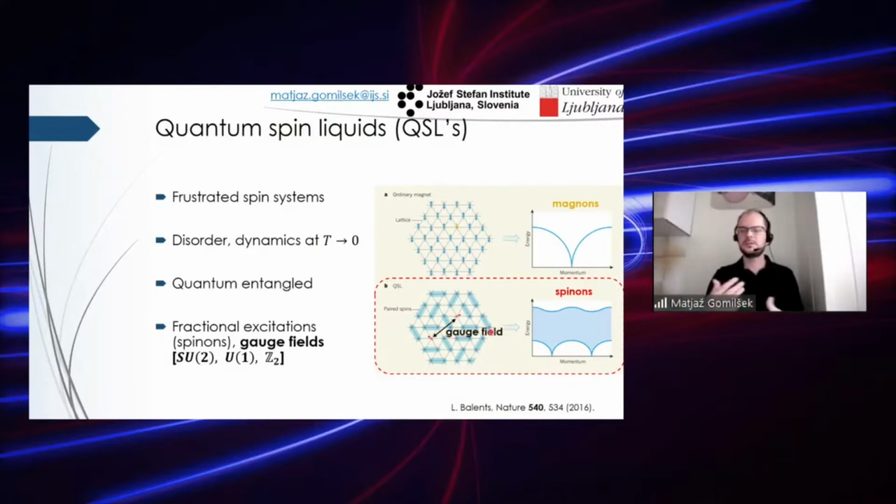So we get an emergent interaction between the spinons, because when they move around, they slightly perturb this covering of the basic lattice with singlets, and this costs a little bit of energy in the actual ground state superposition. And this small extra energetic term leads to an effective interaction between the spinons. They are not completely free. And this interaction is described by some gauge fields with some symmetry, in a very analogous way to the way particle physics describes particles and gauge fields between them. So in this case, we get fermions with some emergent interaction between them.